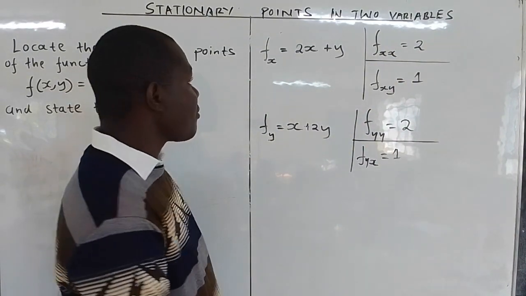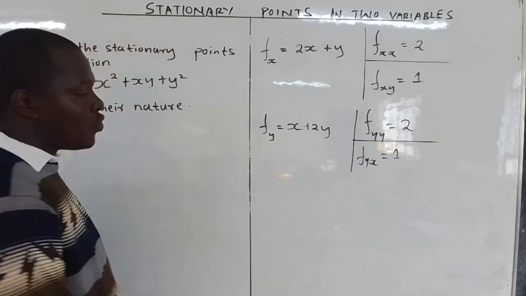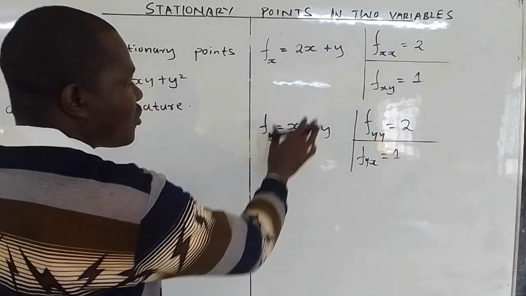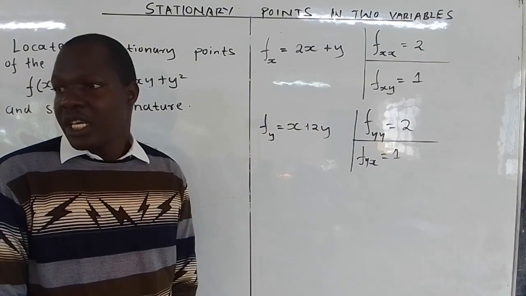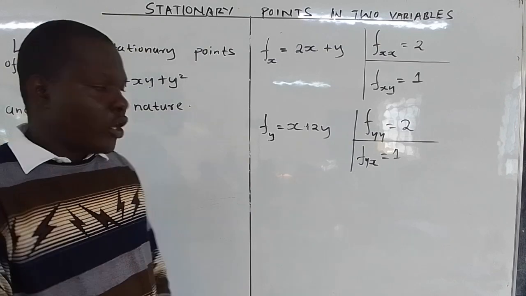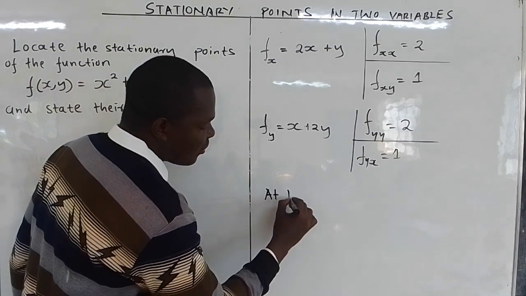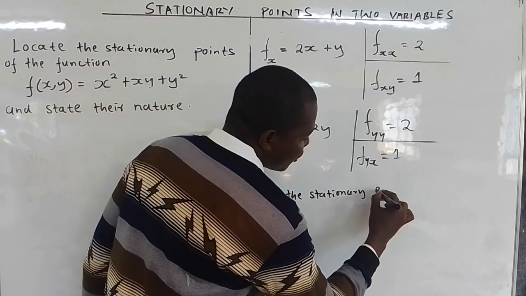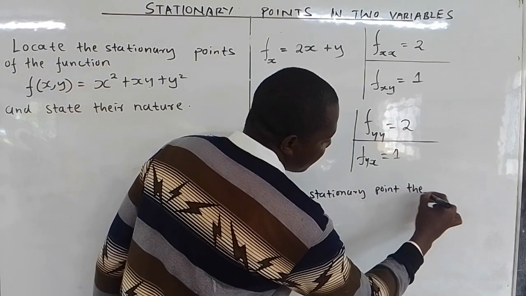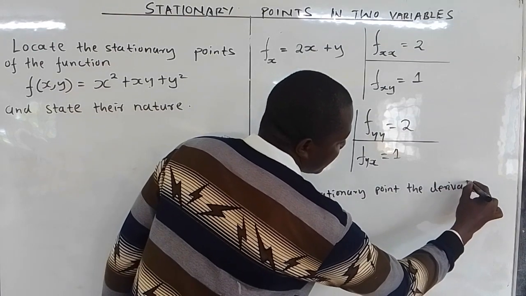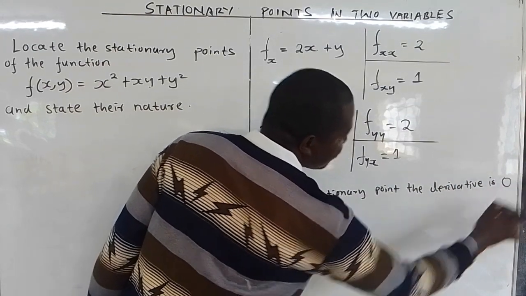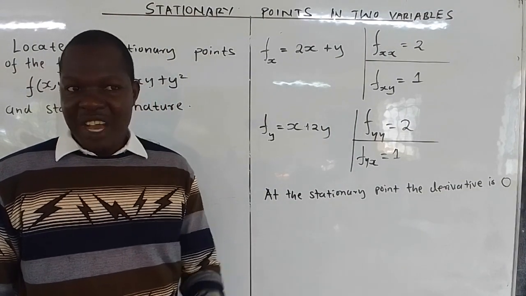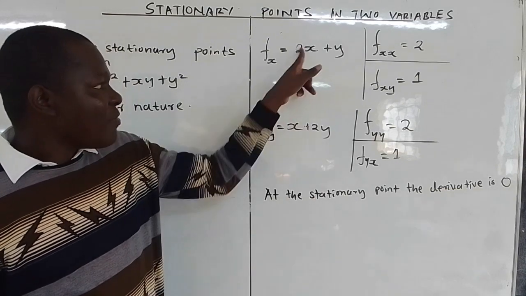Having found the 4 partial derivatives, what you know is that at the stationary point, the derivative of the curve is 0. And here, because we are doing partial differentiation, meaning we have more than one derivative, we have these 2 derivatives.